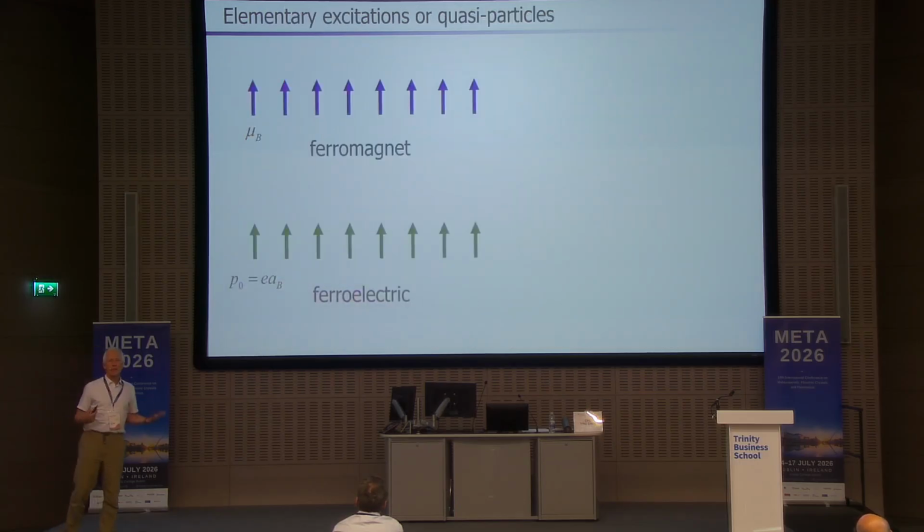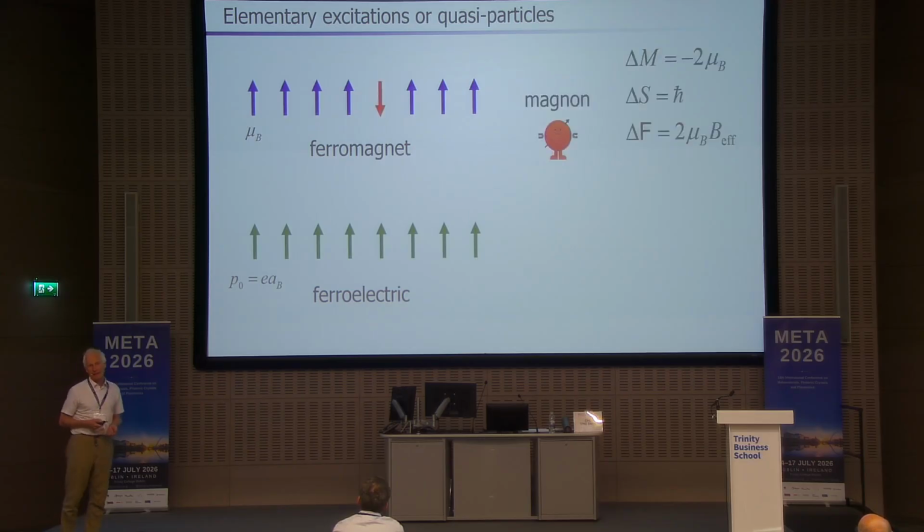Now, many of the properties of these magnets and ferroelectrics are not ground state properties, but excited state properties. And the elementary excitations of this electric order are quite important. So, in a ferromagnet, the simplest excitation is just a spin flip like that.